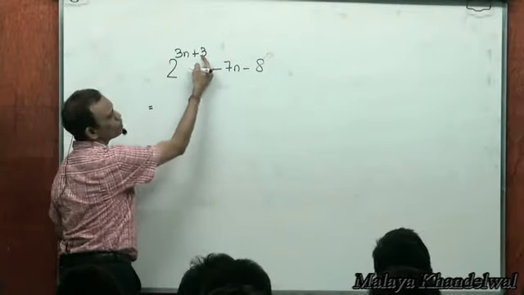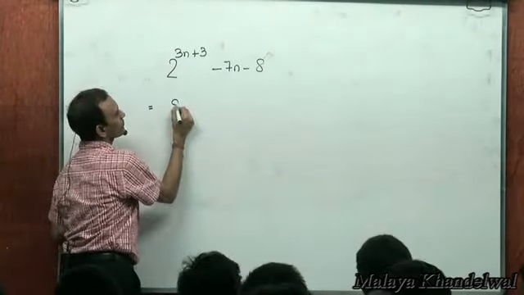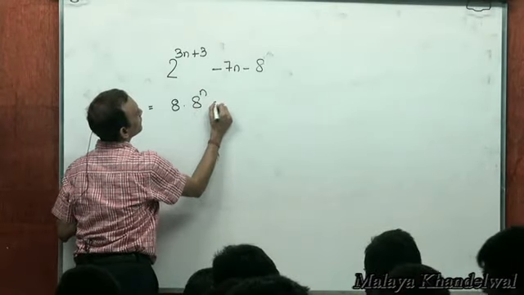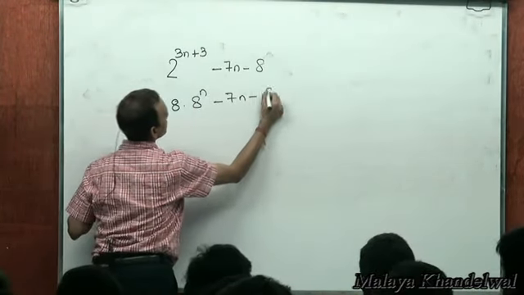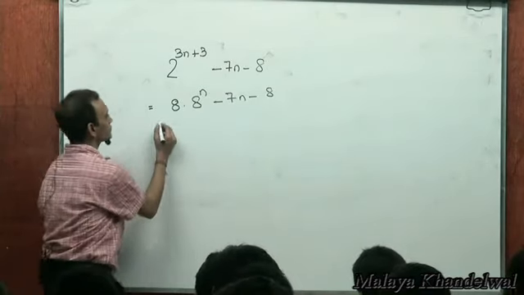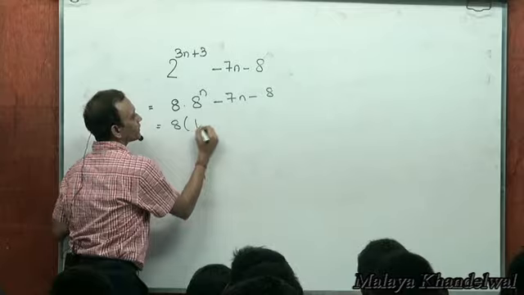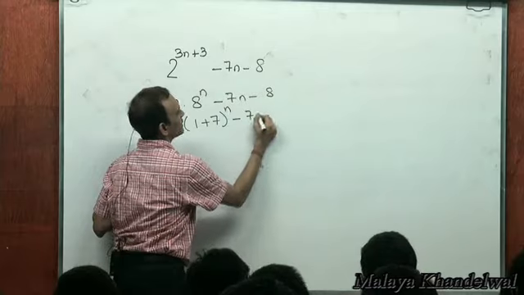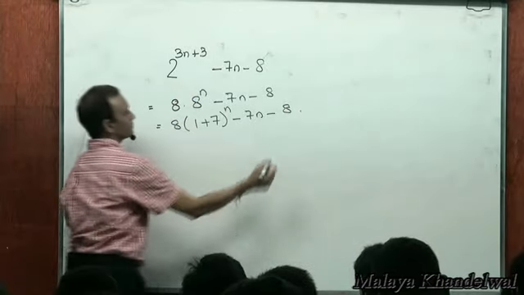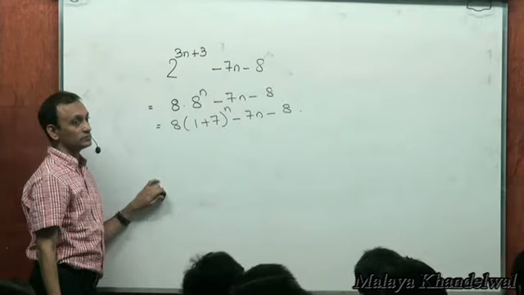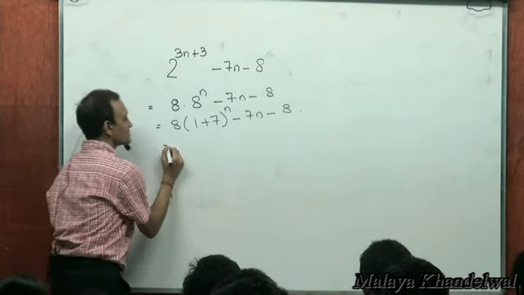Now this could be 2 cubed is 8, into 8 to the power n, minus 7n minus 8. This is 8 into (1 plus 7) to the power n minus 7n minus 8.